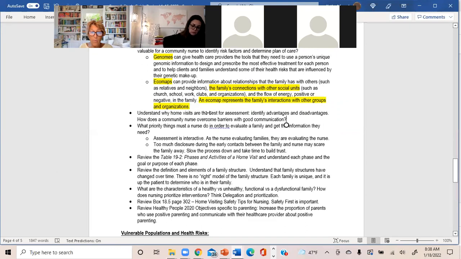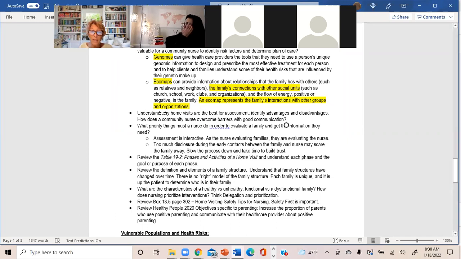Okay, understand why home visits are the best assessment. When you go into a home visit, you can do all your kinds of assessments. You can do a physical assessment of the living conditions. You can do an environmental assessment, with the elderly, for example. Do they have rugs all over the place that are slipping? Is there furniture everywhere that they're going to trip over?